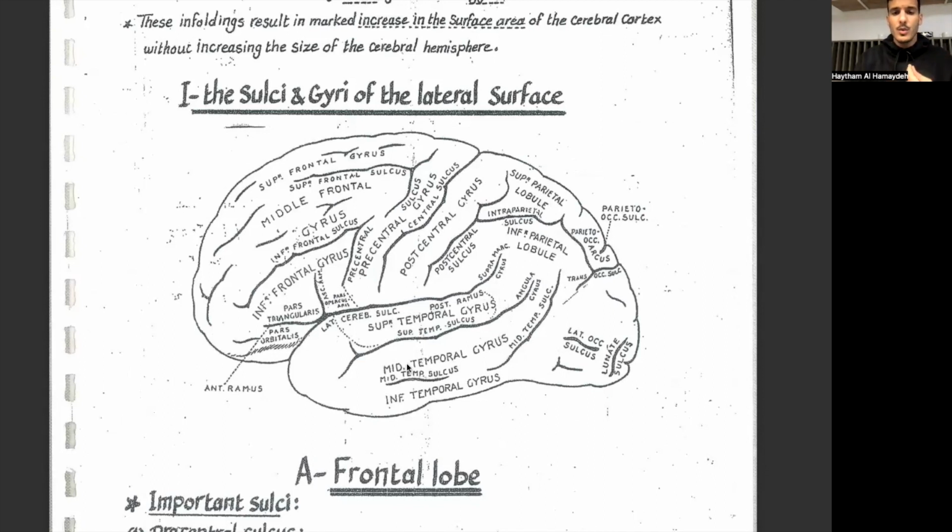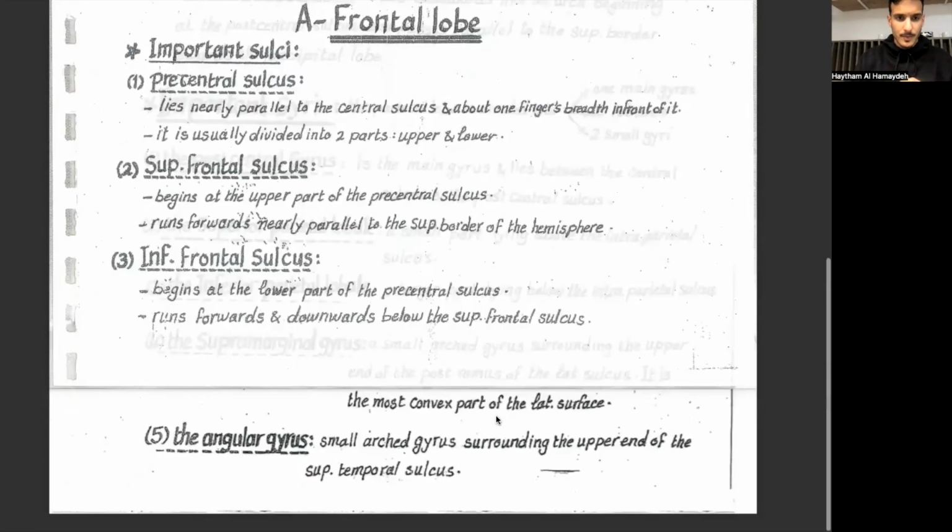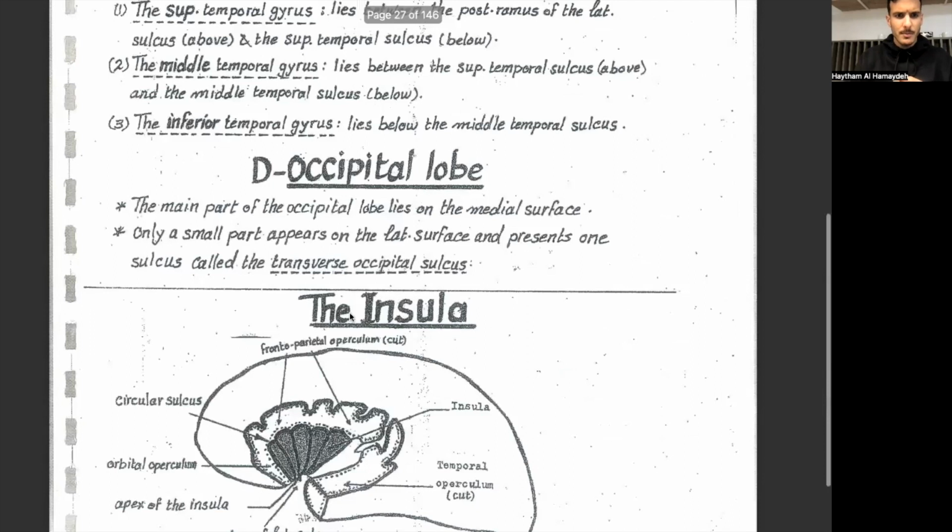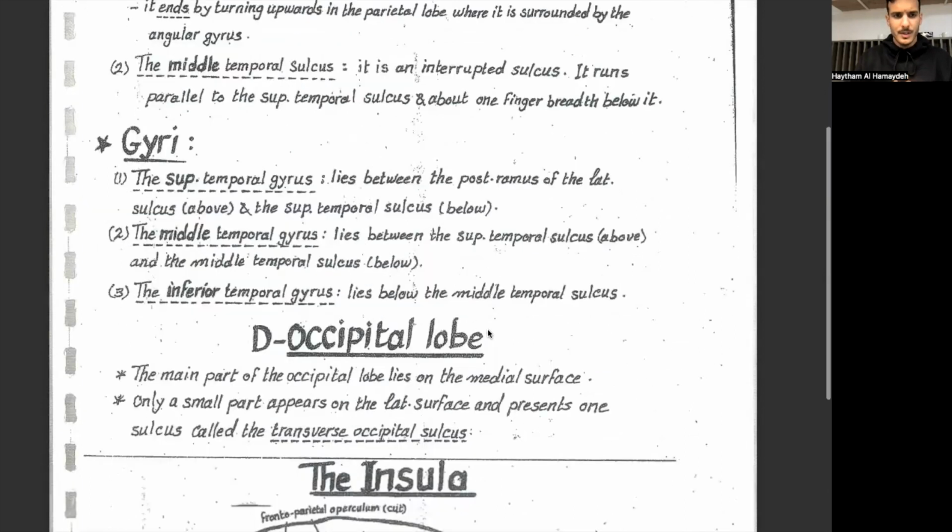And then we go to the middle temporal gyrus, which lies between the superior temporal sulcus and the middle temporal sulcus. And finally, the inferior temporal gyrus lies below the middle temporal sulcus. All of them are mentioned right here.